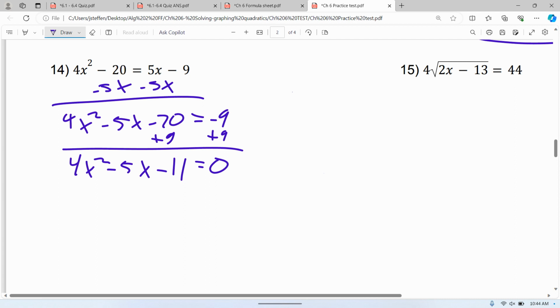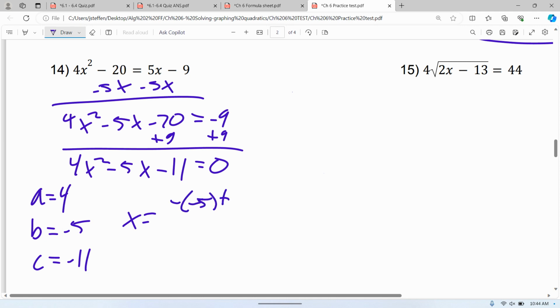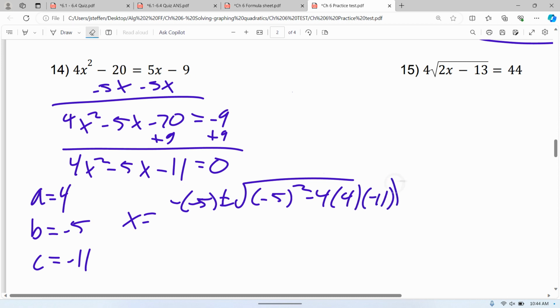Quadratic equation, b is negative 5, c is negative 11. X is equal to negative 5 plus or minus the square root of negative 5 squared minus 4, 2 times a. Oops, not 2. It's not a, it's 4.